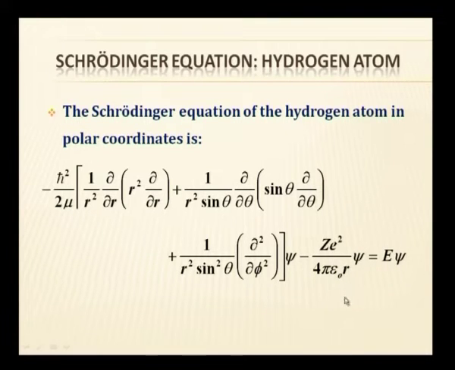As I told you, the input will be this part, the potential energy part. The outputs that we expect are the energy eigenvalue E and also the eigenfunction. What is the eigenfunction? It gives the state of the electron, right.